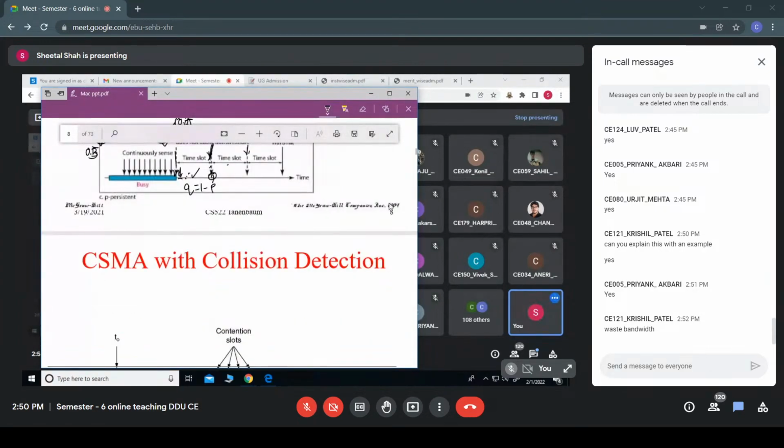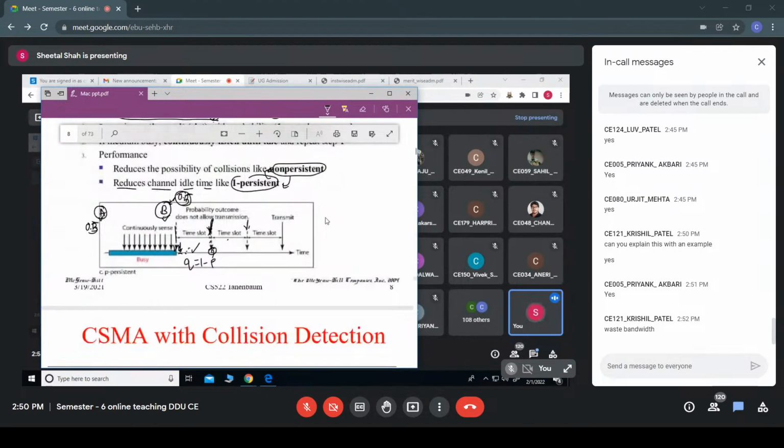Next is CSMA with collision detection. Here we have seen that as soon as the frame is ready, the station starts transmitting, provided the channel is free. Now, if more than one station starts transmitting at the same time, there would be a collision. If there is a collision, there is no point in transmitting the entire frame.